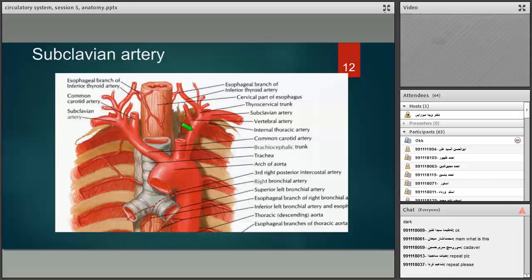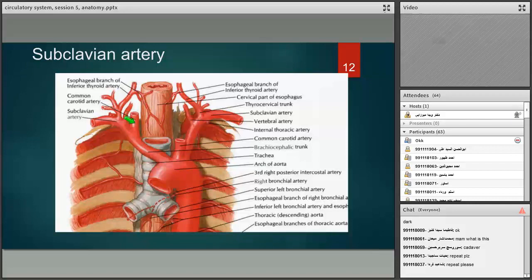I said if we do not open the chest cavity, we cannot see the brachiocephalic trunk. This trunk is placed inside the chest, and at the level of the sternoclavicular junction, it divides into two branches.